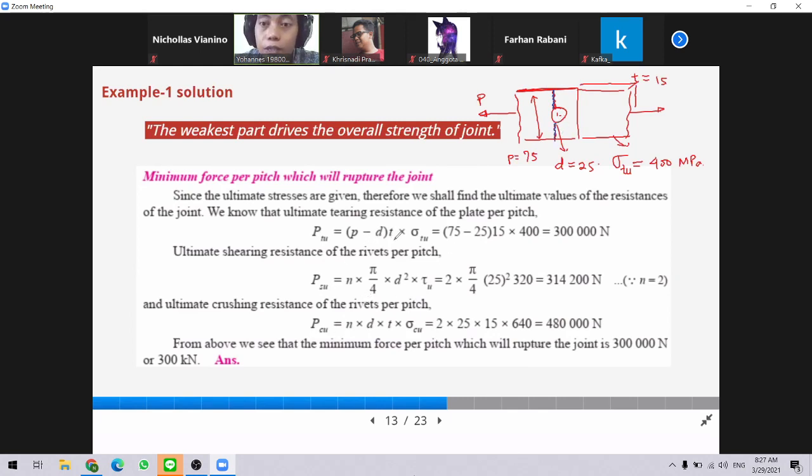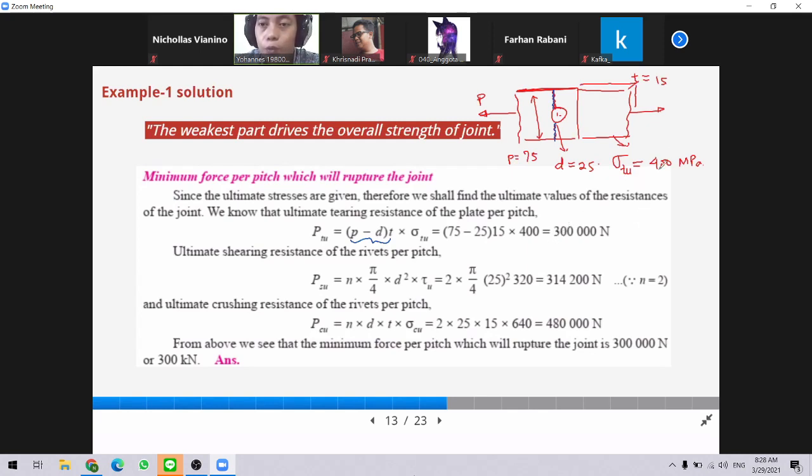And we can calculate the tearing area, and multiply by the tensile stress of the plate, and obtain the load capacity allowed by the tensile strength of the plate.